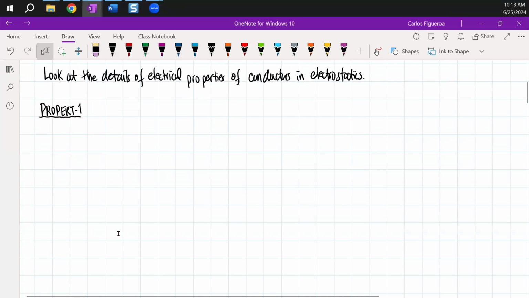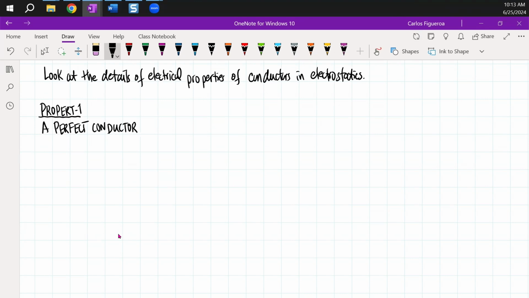So what do I know? A perfect conductor has exactly 0 field inside of it.